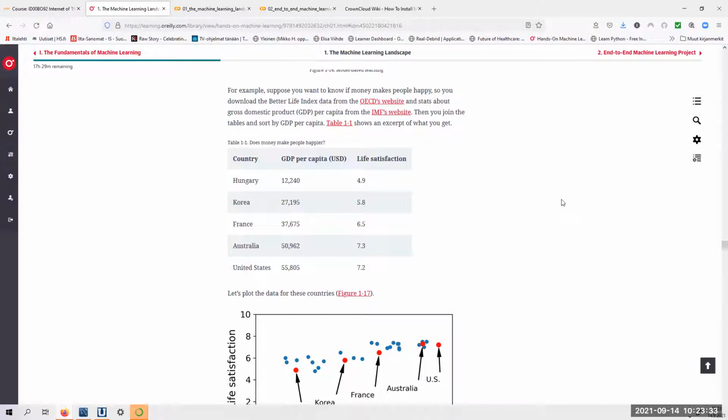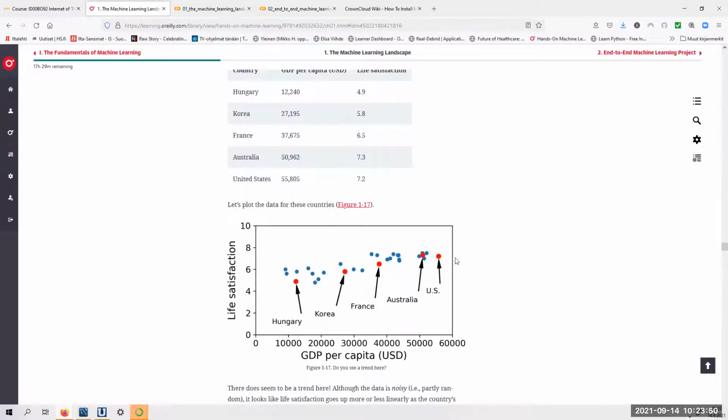Okay, it's easy to understand, or at least you can assume, that the richer the country, the higher the life satisfaction. And if you look at the data, you clearly see some increasing trend. So there is some level of correlation between GDP and life satisfaction.